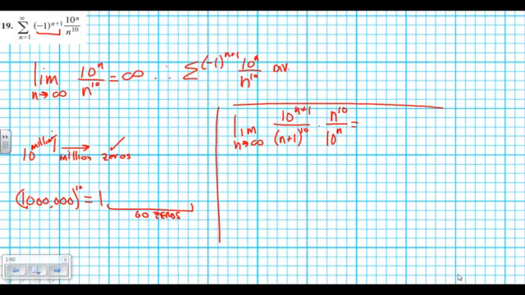Let's look at that ratio, like if we're applying the ratio test. When I clean that up, I end up getting 10 on the top, and I get 10 over n plus 1 to the 10th.